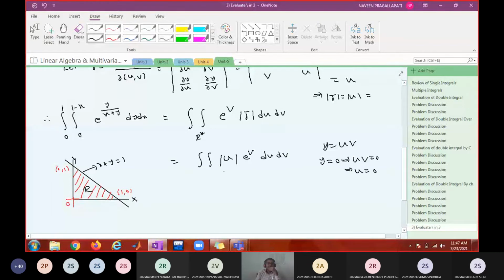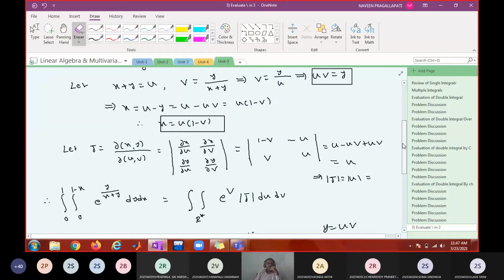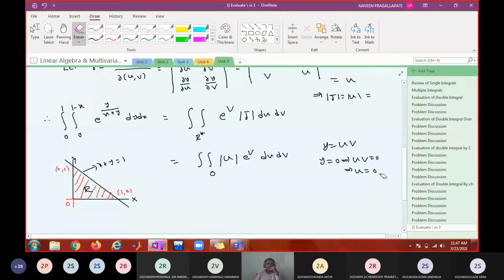Can I write like this? u equal to 0 to, and x plus y equal to 1. What is x plus y? I can write du dv or dv du. Doesn't matter, right? x plus y is u only. Fine. So u equal to 0 and x plus y equal to 1.